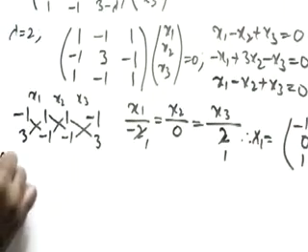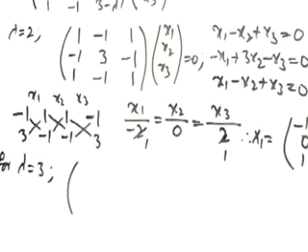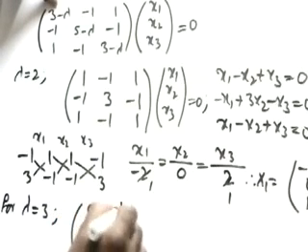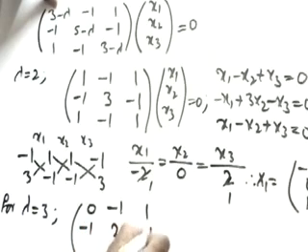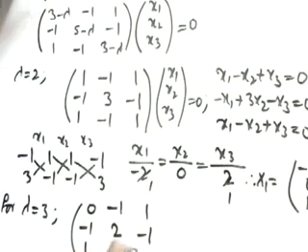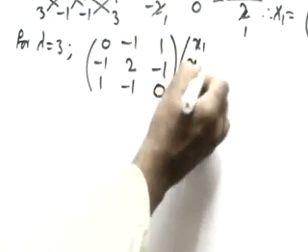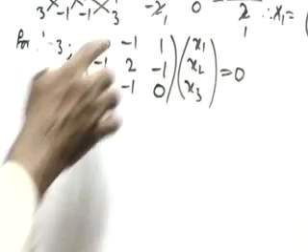Now let me take case 2, for lambda equals to 3. See here, if we keep lambda equals to 3, 3 minus 3 will be 0, minus 1, 1, minus 1. 5 minus 3 will be 2, minus 1, 1, minus 1. 3 minus 3 will be 0 into, now let me solve this one, x1, x2, x3 equals to 0.